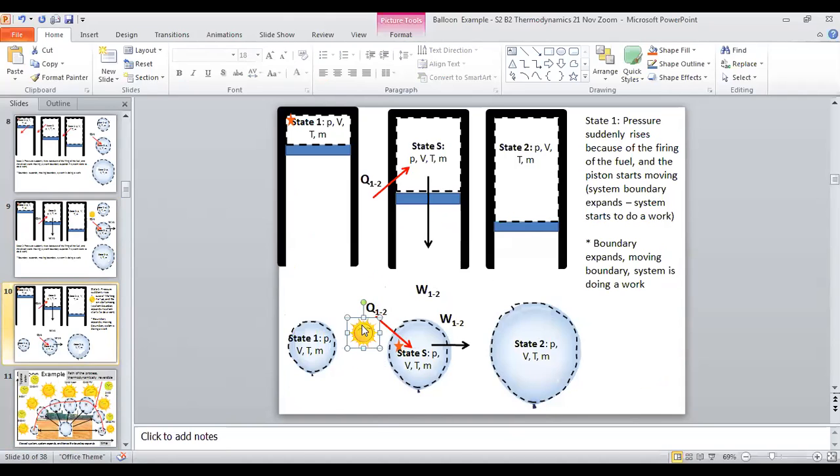So engine, the fire. A little bit big. Let me put it.